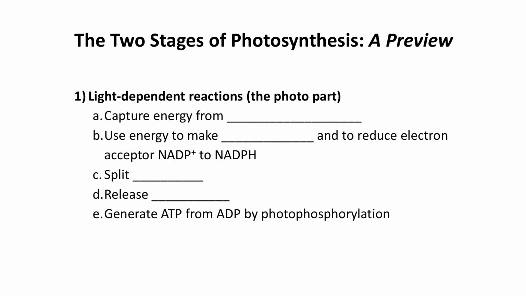In the light-dependent reactions, these reactions capture energy from sunlight and use that energy to make ATP and to reduce the electron acceptor NADP to NADPH. These reactions will also split water, release oxygen, and generate ATP from ADP by photophosphorylation.